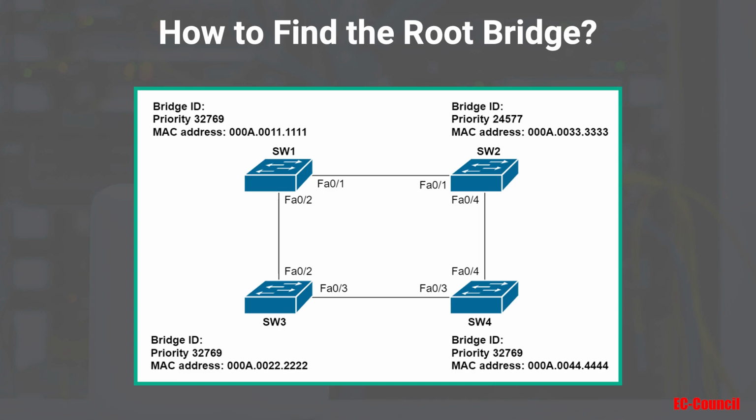So we need to figure out which one of these ports will be a designated port and which port will be an alternate port. To help us decide, we could take a look at the priority value between switch 3 and switch 4. Well, the thing is, both priorities are the same. So if both priorities are the same, then the other deciding factor will be the MAC addresses. We can see that switch 3's MAC address is lower than that of switch 4.